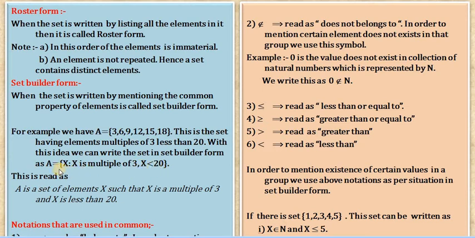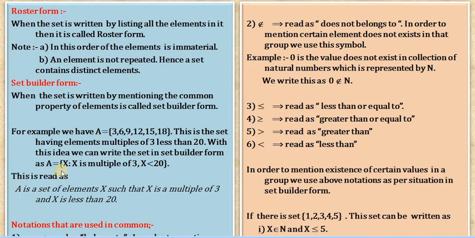Now here we are not able to see any element. So instead of writing elements, we are writing some property or some rule by which they are written. By following that rule, these values are written, isn't it? So we are writing that rule. So this form is called set builder form. Now how do you write this?